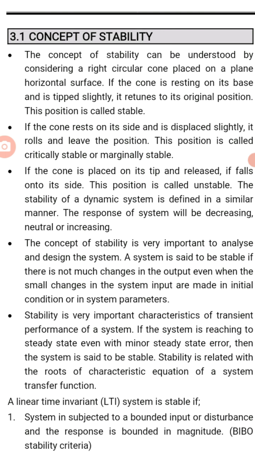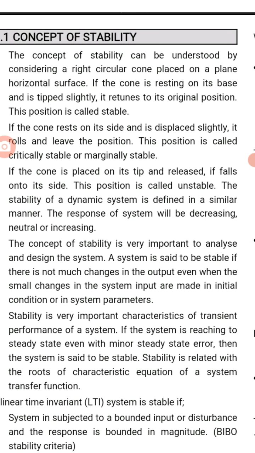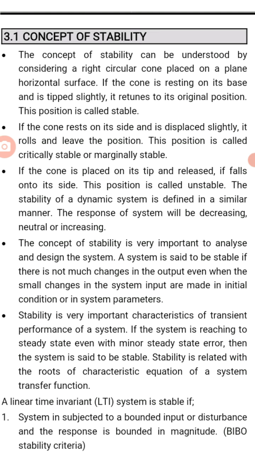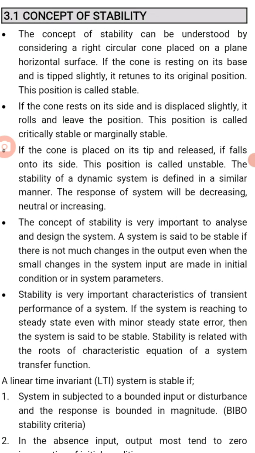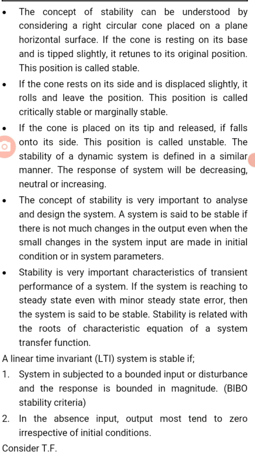If the cone is placed on its tip and released, it falls on its sides. This position is called an unstable position. The stability of a damping dynamic system is defined in a similar manner. The response of the system will be decreasing, neutral or increasing. The concept of stability is very important to analyze and design the system.